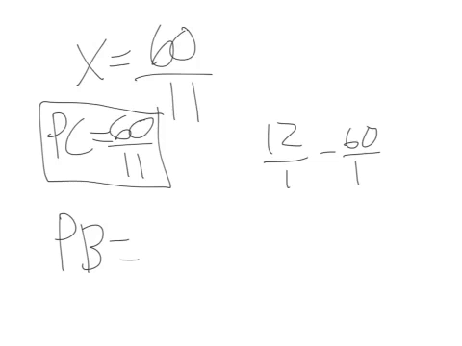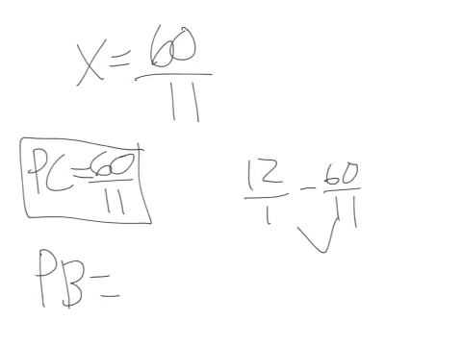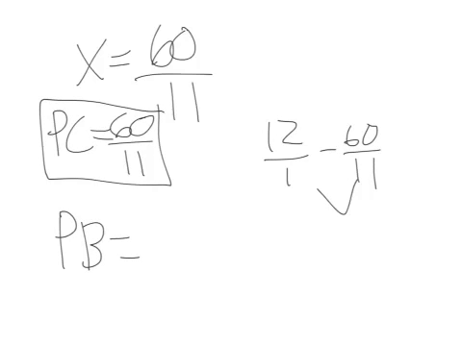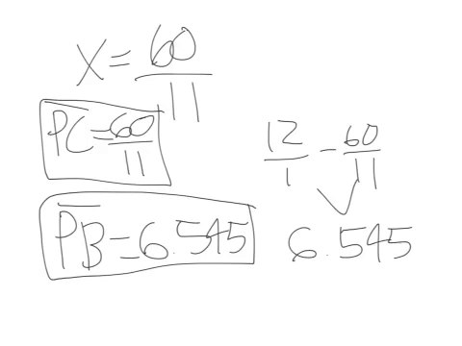After some simple calculations, we get 6.545. So PB equals 6.545. And then you're done, and now you are a master of the angle bisector theorem.